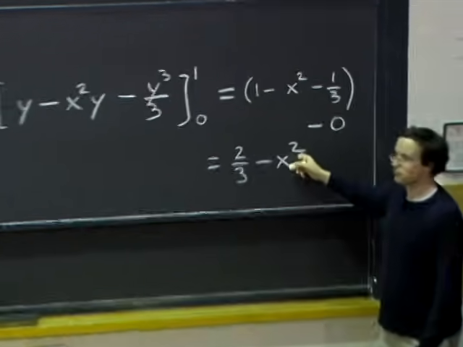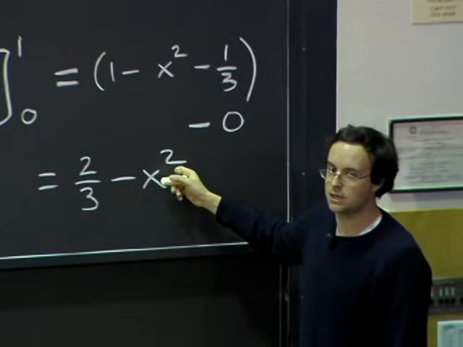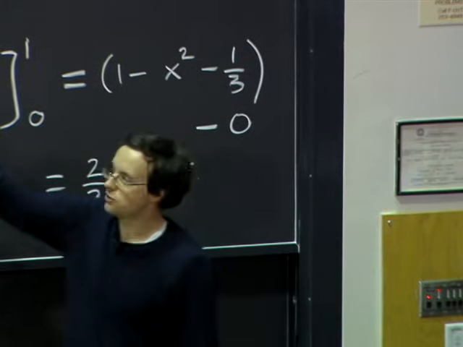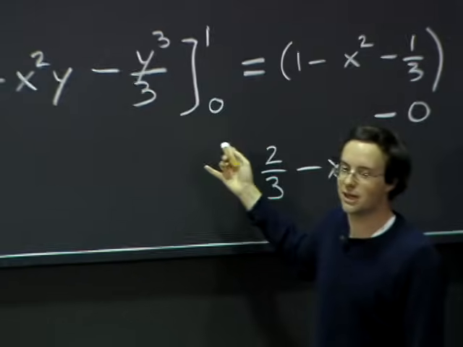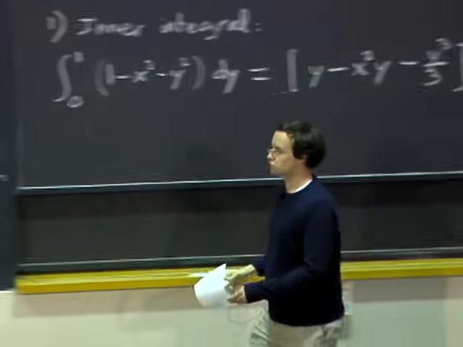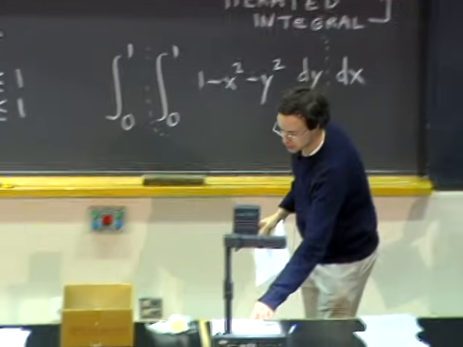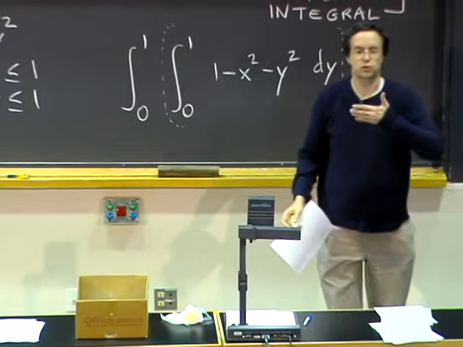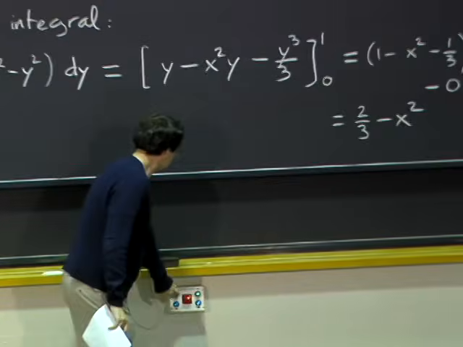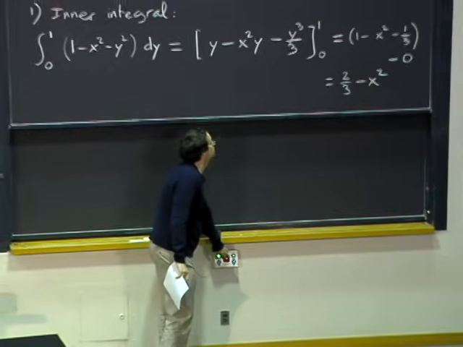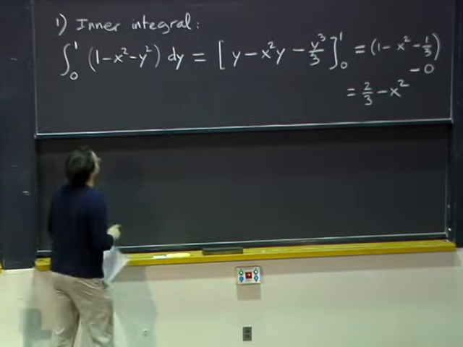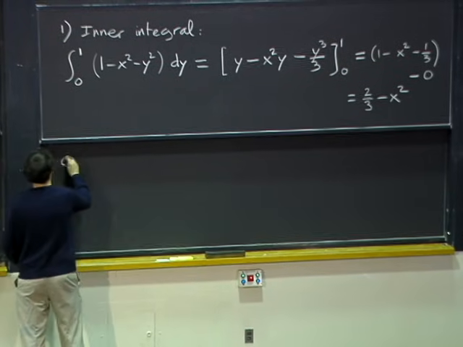And that's a function of x only. You shouldn't see any y's anymore because y was your integration variable. But you still have x, because the area of this shaded slice depends, of course, on the value of x. And so now the second thing to do is to do the outer integral.